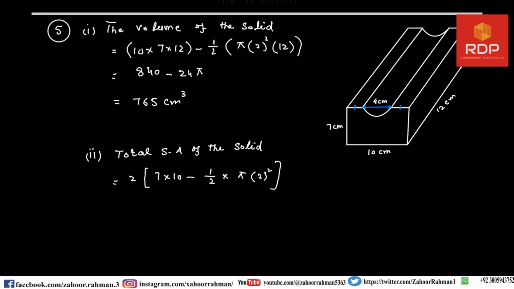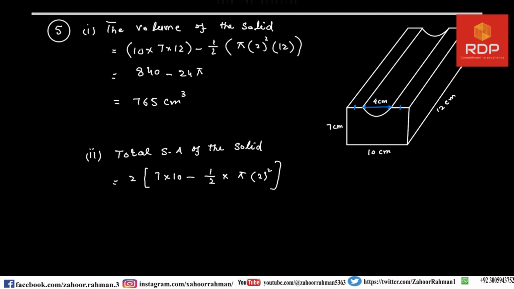First of all we are finding this 7 into 10, which is this rectangle, and because this is carved out of this solid, that is half of the surface area. So that is why I wrote 1 over 2 and pi r square.